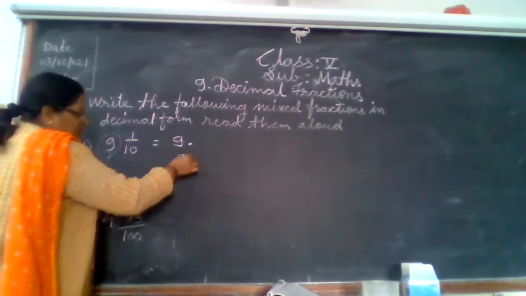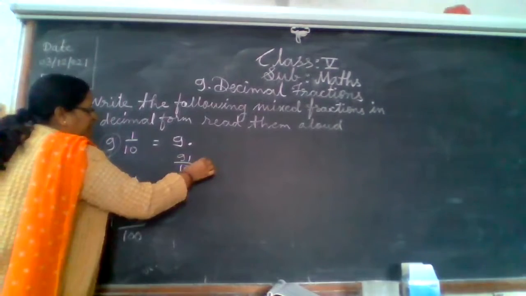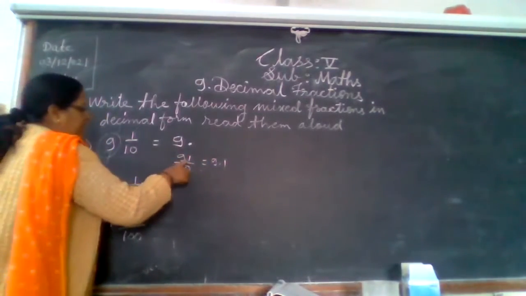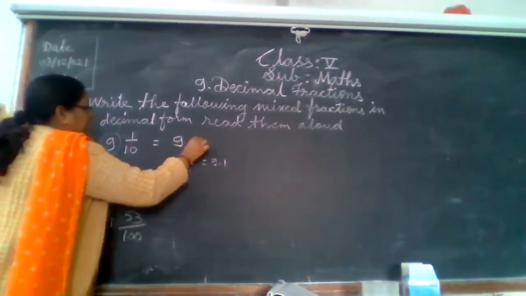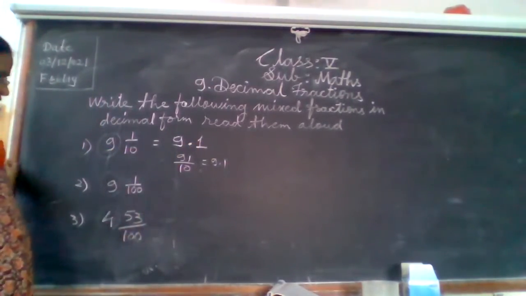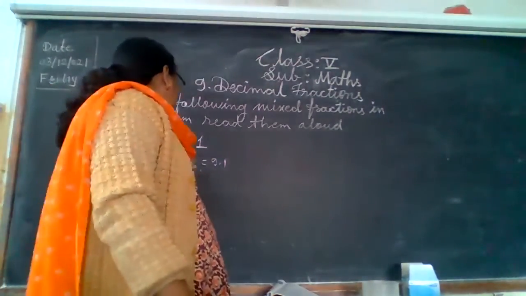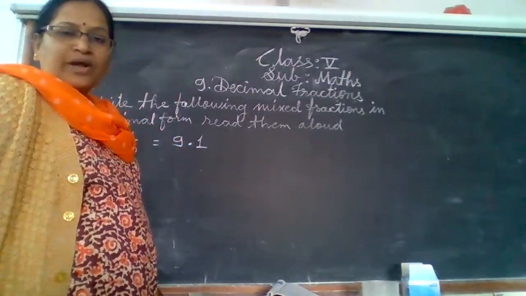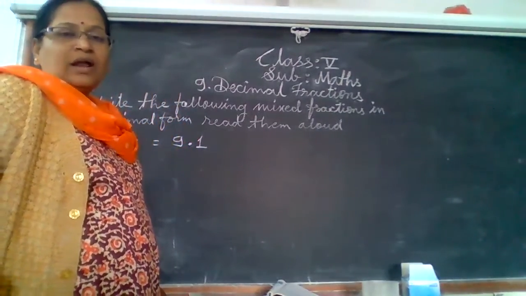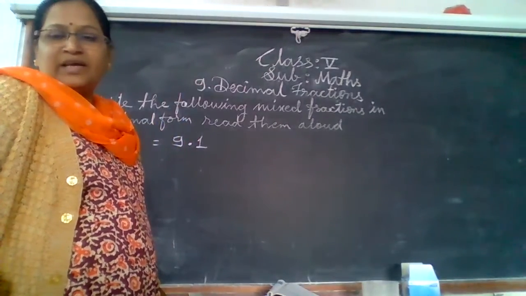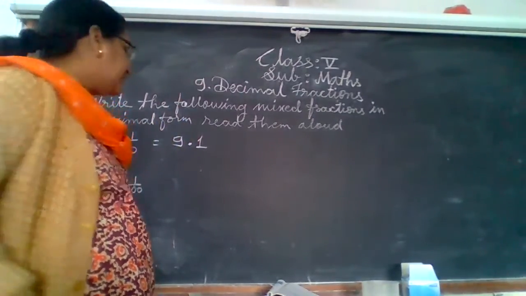It has one 0, so put this decimal point after 1. So it is 9.1. You have to write 1 in the tenths place. So how will you read this number? 9.1 or 9 and 1 tenth.